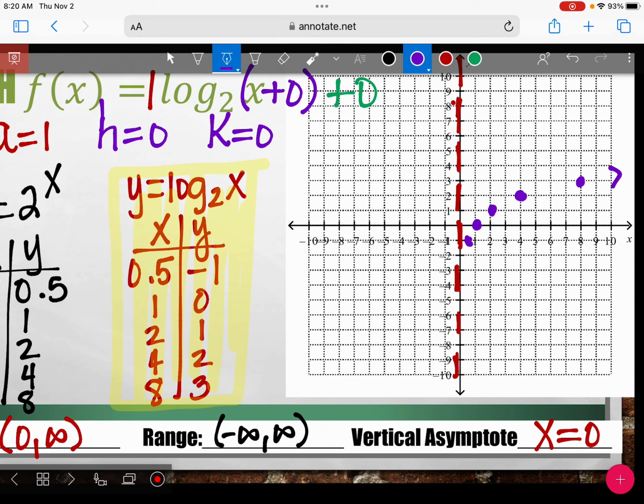So you're going to connect it, and it goes straight down, just like so. And that is your graph. That is what a log looks like. So we're going to do 3 more graphs, and then the next 3 will have some transformations.